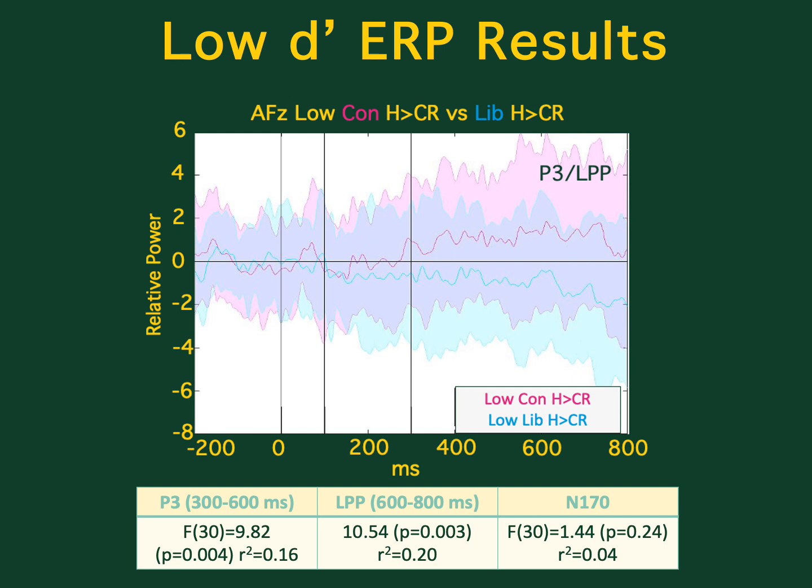We also found a significant increase in the P3 associated late positive potential for these frontal electrodes. With an R squared of 0.2, the association between the late positive potential power in AFZ and the criterion placement had the largest effect size out of all our channels and ERP peaks.